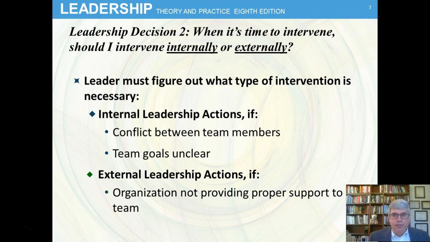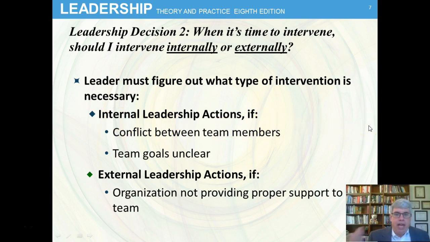Leadership decision 2 is, when it's time to intervene, should I intervene either internally, inside the team, or externally with people outside of the team? So the leader must figure out what type of intervention is necessary. If internal intervention is needed, it's called an internal leadership action.